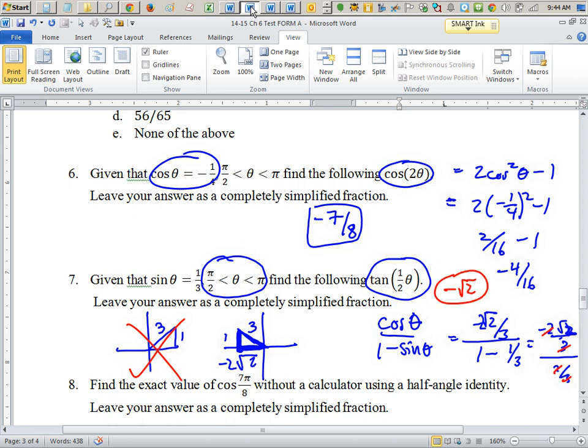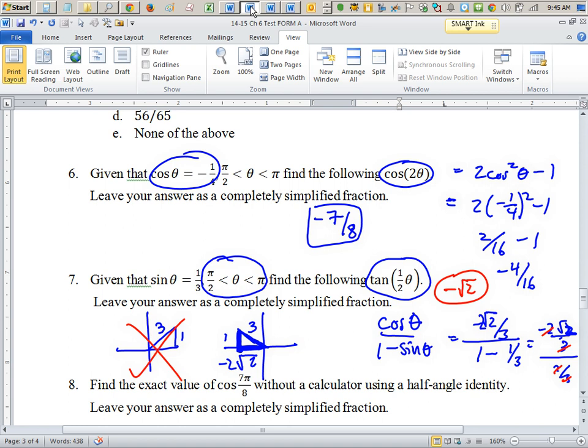Is that what you guys got? Did anyone get that one right? It just seems awfully simplistic to me. Doesn't seem quite right. Does anyone see my error? 9 minus 1 is 8, right?